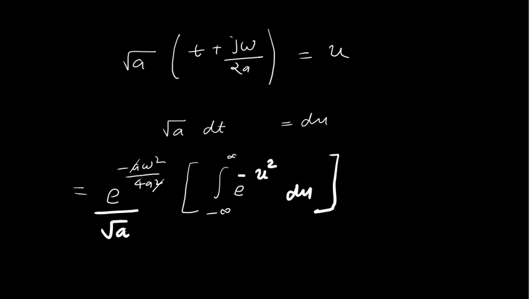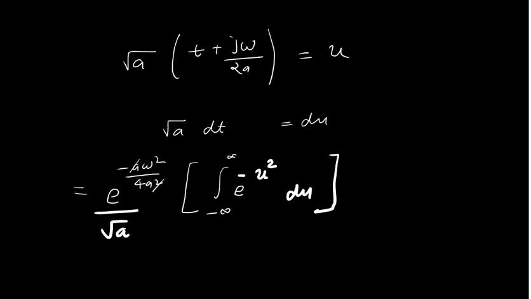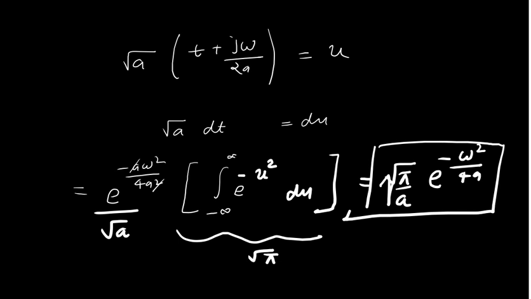In the very beginning we gave the hint that this integration would be needed to solve this question, so we replace the integral by root pi. So we have root pi by root a, times e to the power minus omega square by 4a. This is our final answer: the Fourier transform of e to the power minus a t square is this. Thank you.